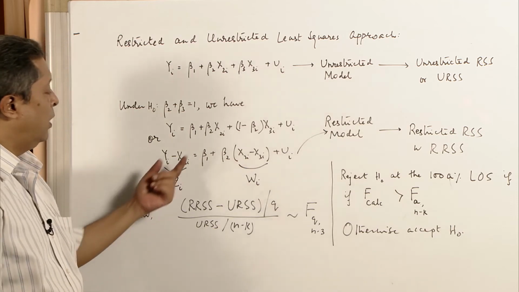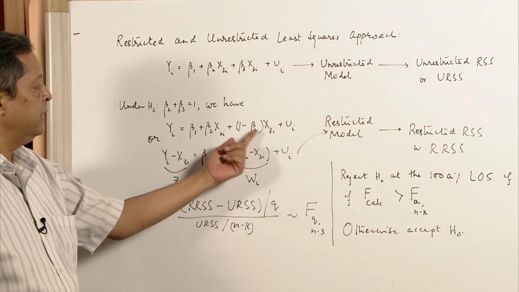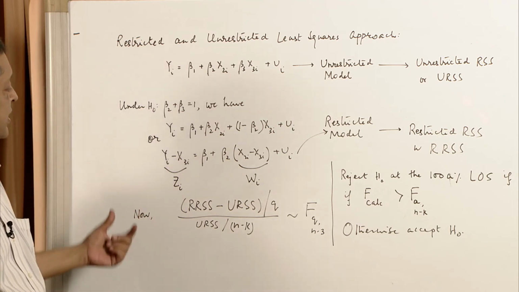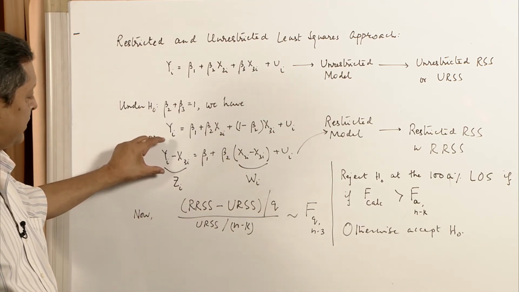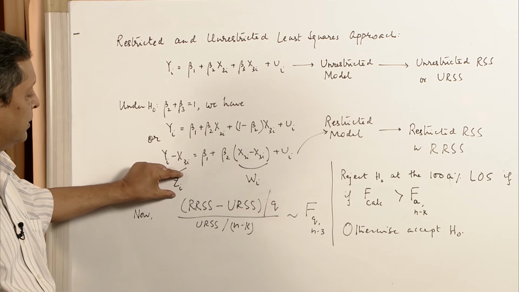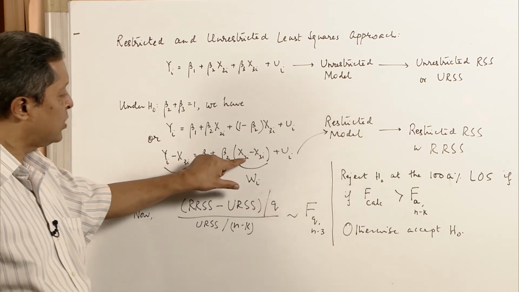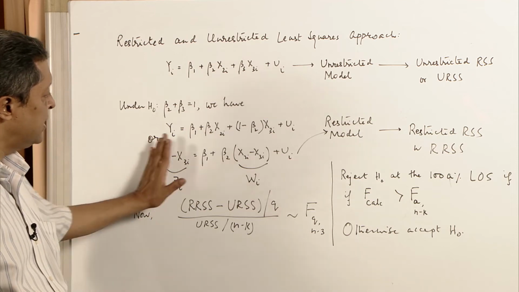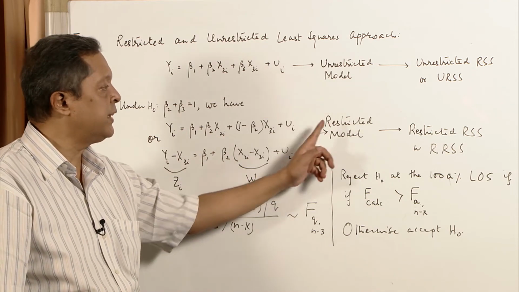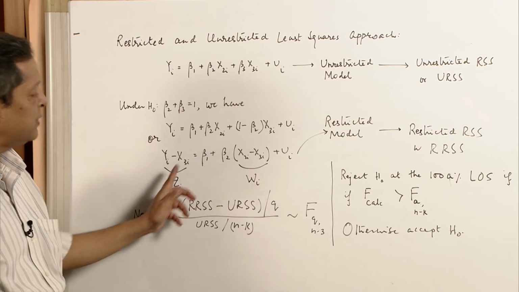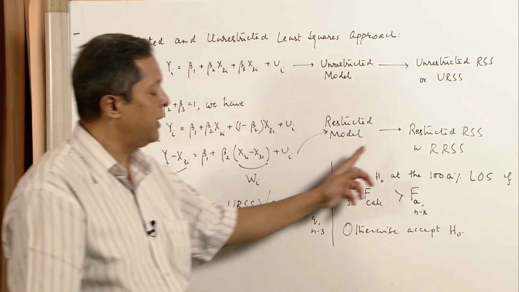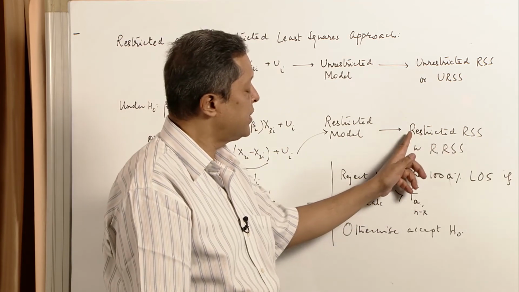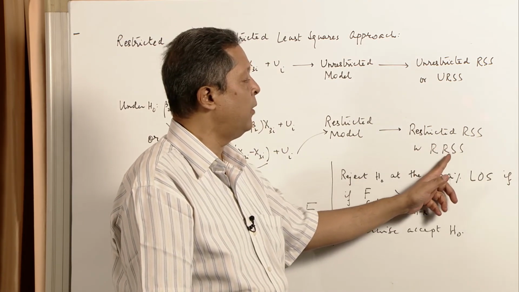So, effectively we can bring the x3i variable to the left hand side and we regress y i minus x3i, say variable z i, on x2i minus x3i, say call it variable w i. This is called the restricted model. We estimate this model and then obtain the corresponding residual sum of squares, which is called the restricted residual sum of squares.